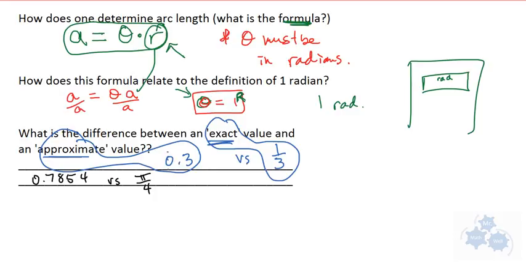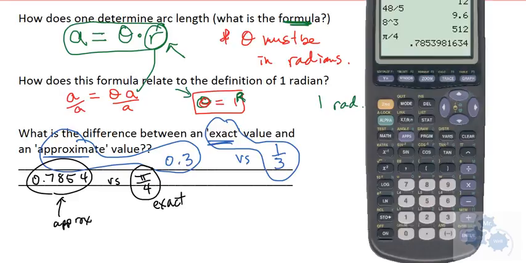Another example: an angle measure of pi over 4. This is exact, and this is approximate. Because pi over 4 means this whole decimal, and however many decimal spaces we could see on the calculator, it would just keep going on. It's irrational.